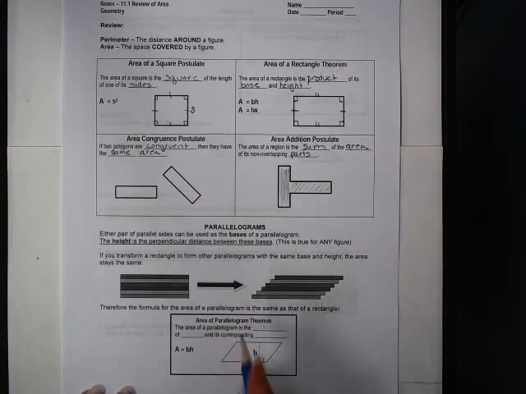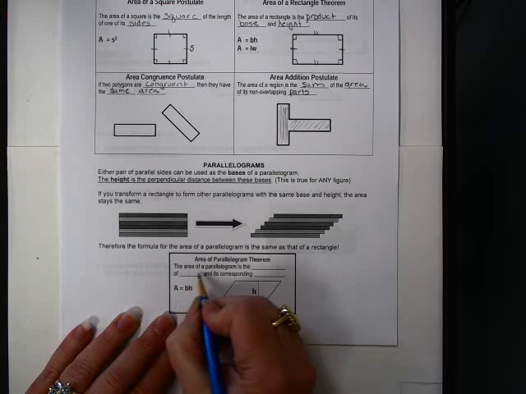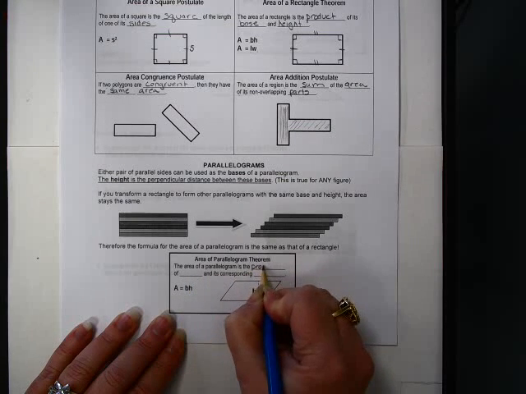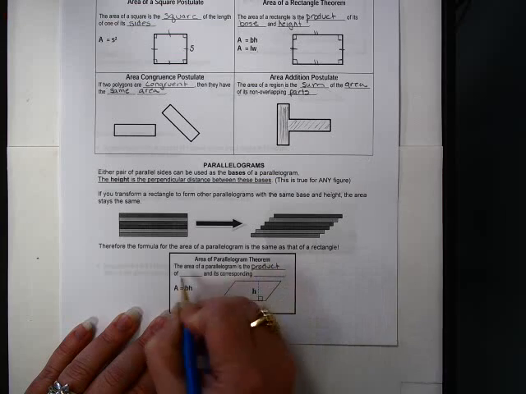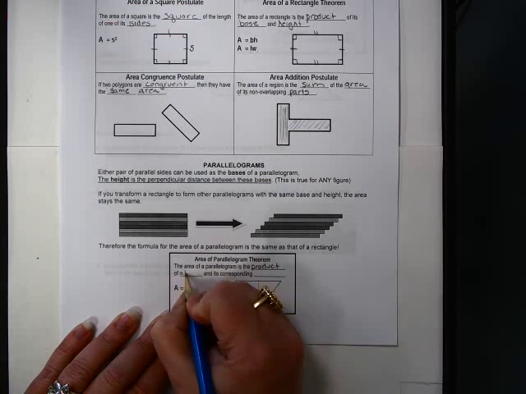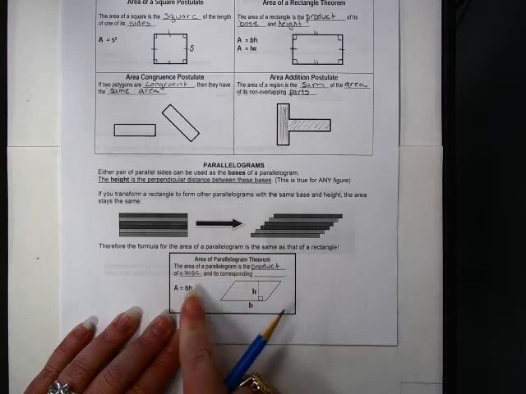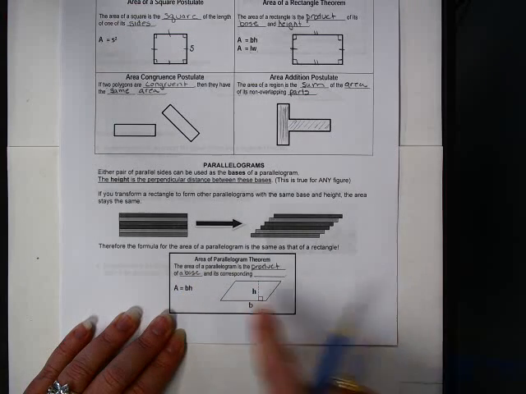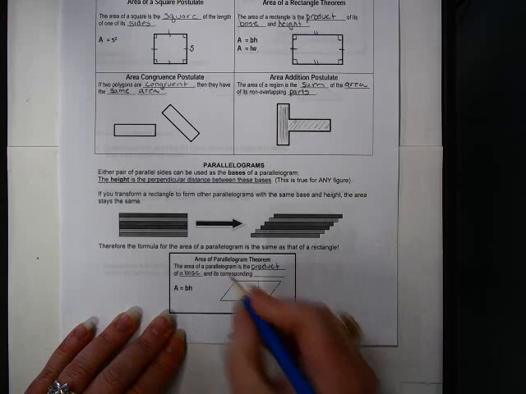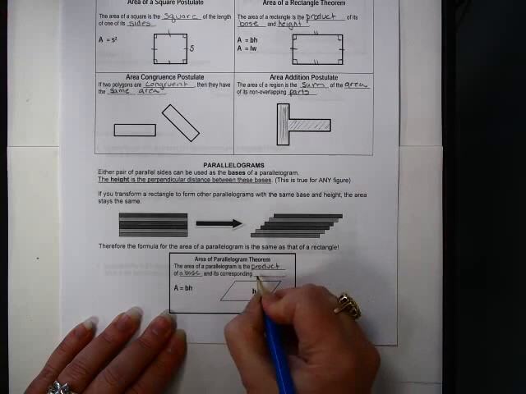Area of a parallelogram is the product of a base, because remember, you could have one base, or this one could be a base, or that could be a base. So a base and its corresponding height.